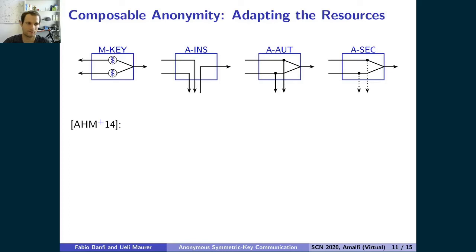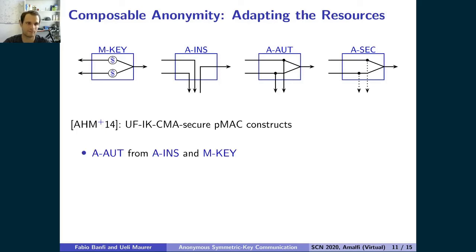Note that in earlier work, it was already shown that MAC schemes which satisfy indistinguishability of keys, or anonymous MACs, already provide the construction of the anonymous authentic channel from the anonymous insecure channel and this multi-key resource.